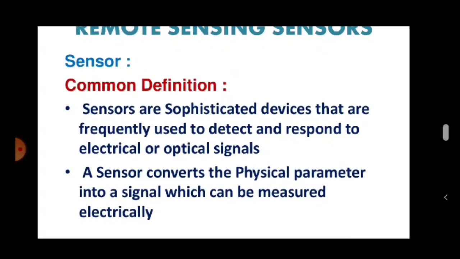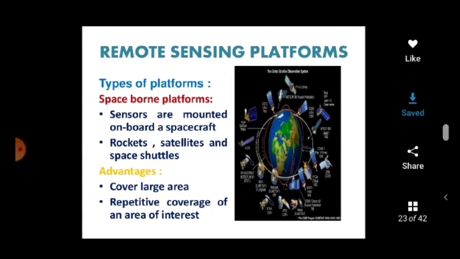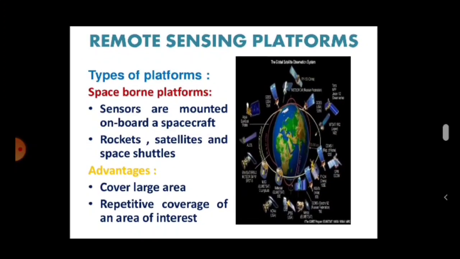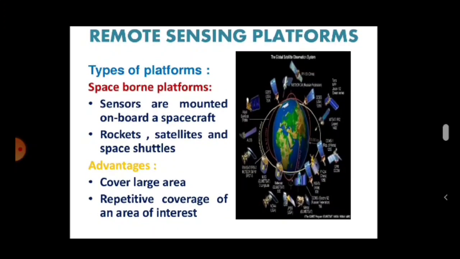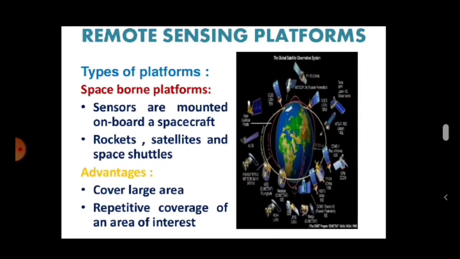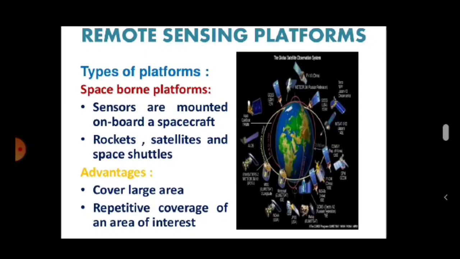Before that, let's have a quick feedback about the three types of platforms: ground-borne, spaceborne, and airborne. When it comes to ground-borne, Earth resources are studied, mainly used for collecting ground truth for laboratory simulation studies. These types of sensors can be placed on a ladder, tall building, or something like that.